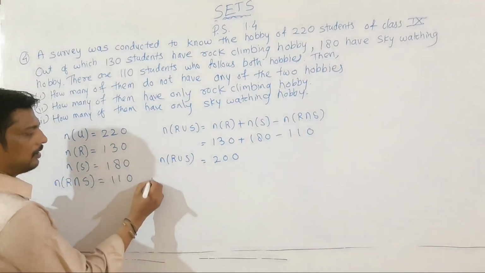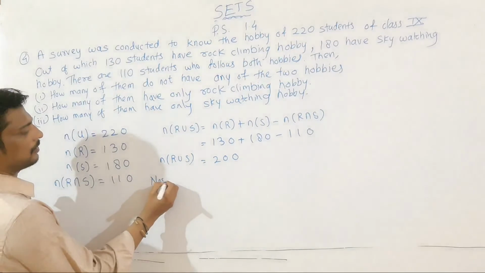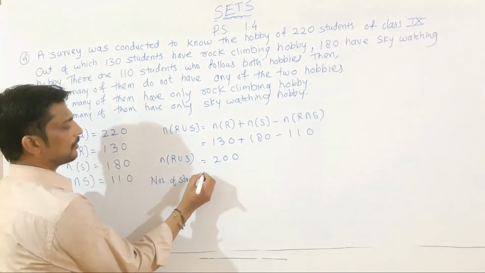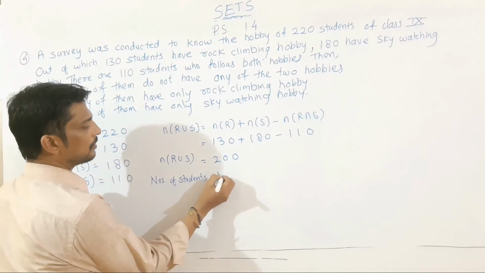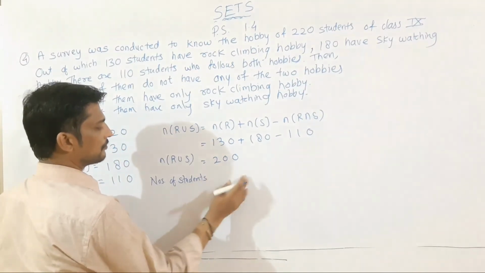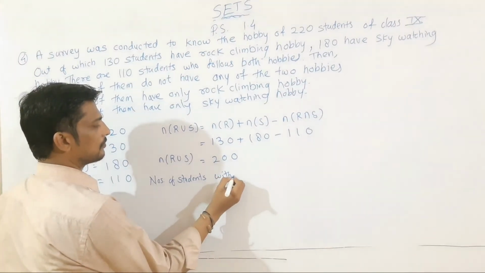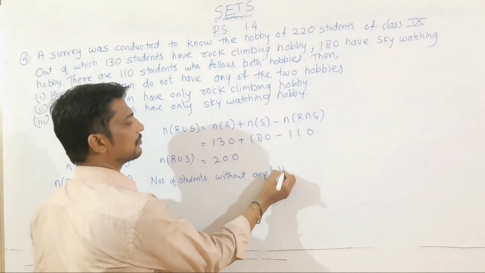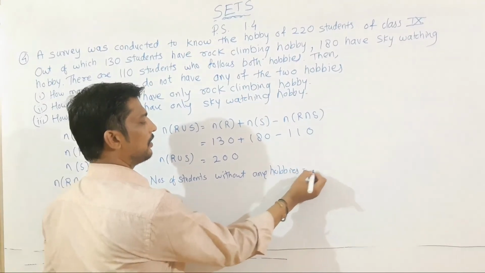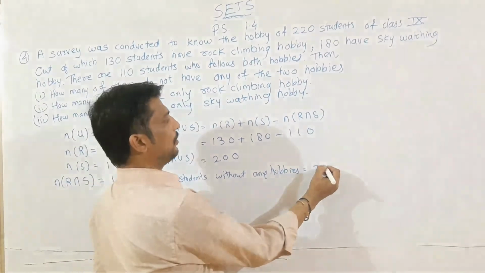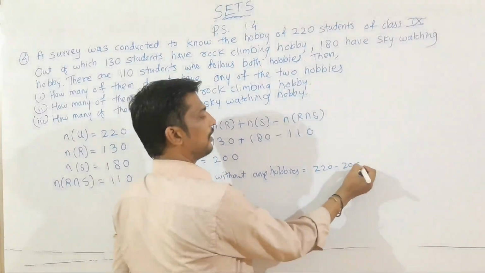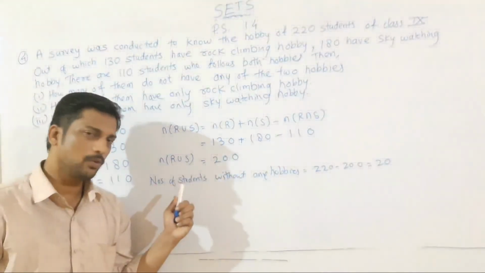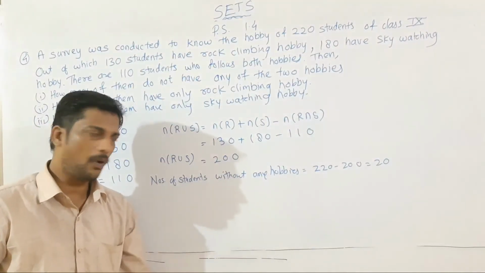So number of students without any hobby is equal to 220 minus 200, 20 students. So I got 20 students who don't follow any kind of hobbies.